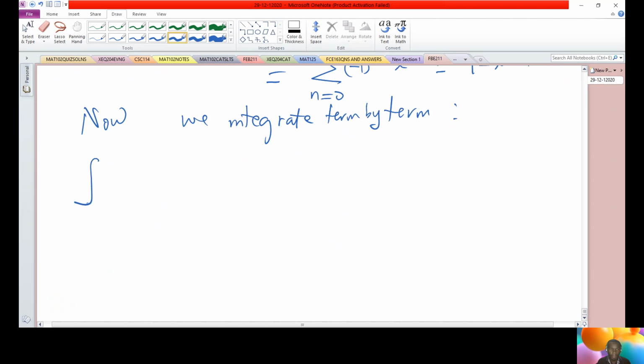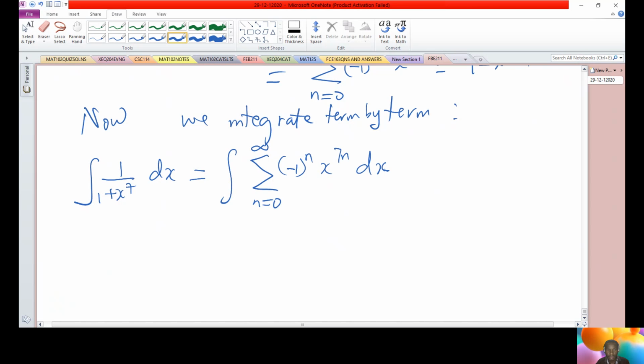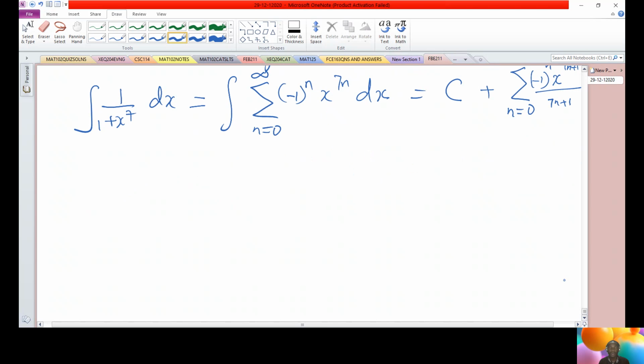So we have the integral of 1 over 1 plus x power 7 dx equals the integral of the summation n from 0 to infinity of minus 1 power n x power 7n dx, which will be c plus the summation n from 0 to infinity of minus 1 power n x power 7n plus 1 divided by 7n plus 1. This is just a normal way of integration using power.